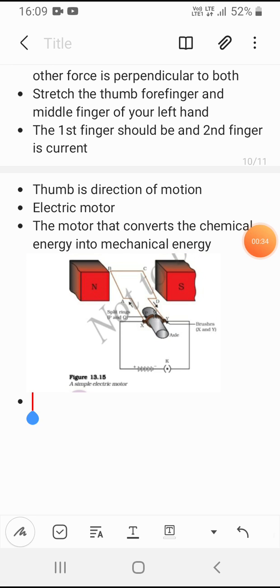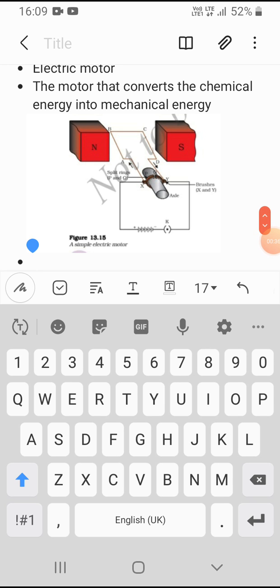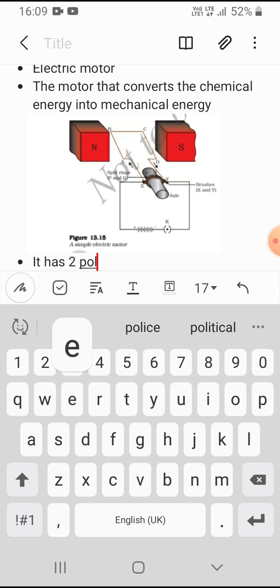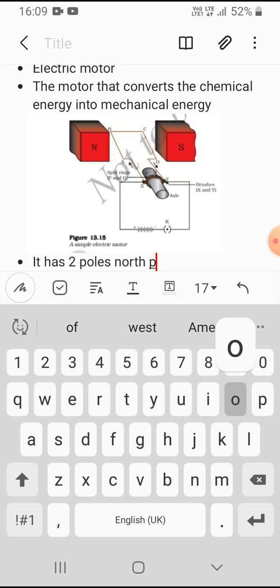This is the photo of a simple electric motor. It has two poles, a north pole and a south pole.